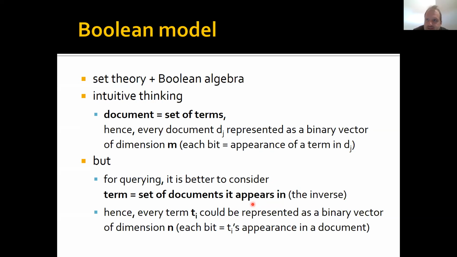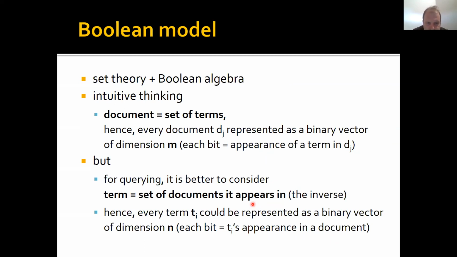Every term has a bit in this binary vector, and this bit is true or 1 if the term appears in the document, or 0 if it doesn't. So we have a binary vector for every document, and every term has its own position, and it's either true or false depending on whether it's in the document or not, right?